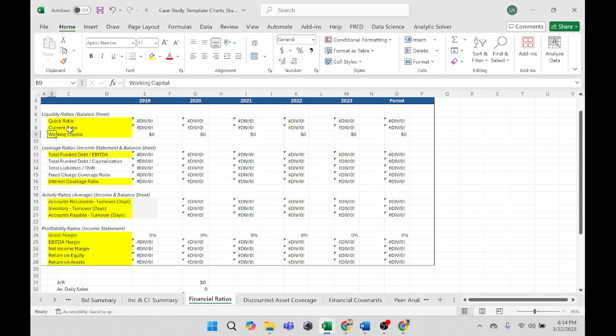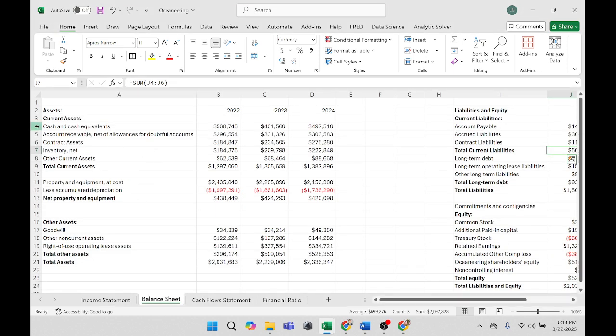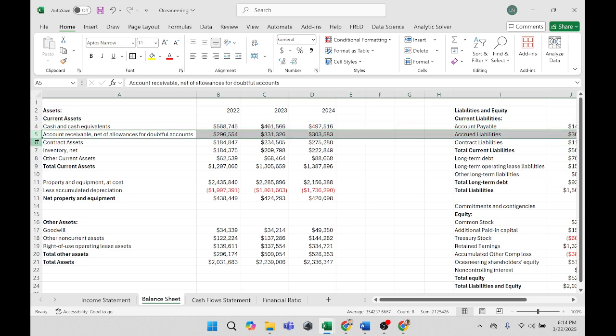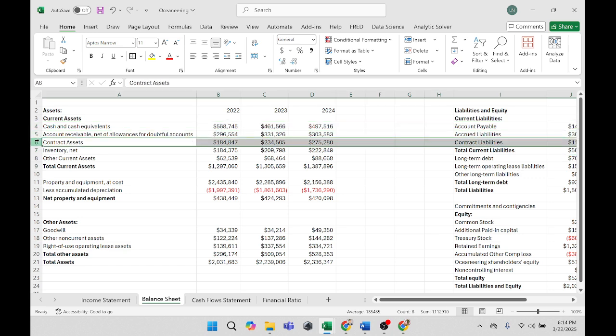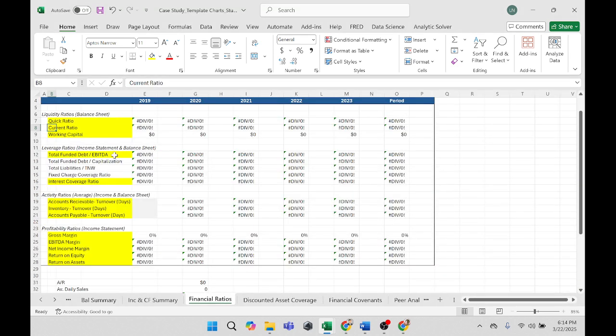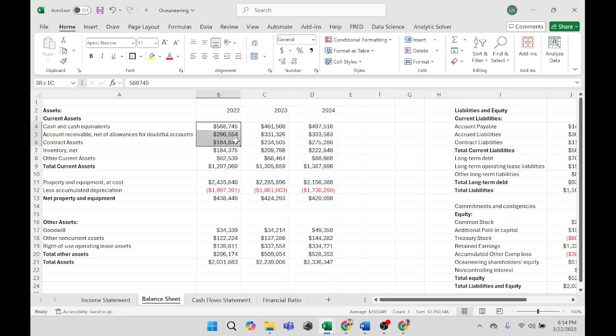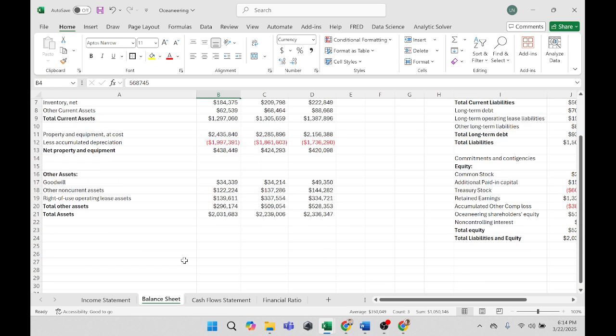Coming up next is quick ratios, right? When we're talking about quick ratios, we only take into account the cash and accounts receivable. I would say in this case we could take contract assets as well, but we don't take inventory into account. So we combine these numbers together.